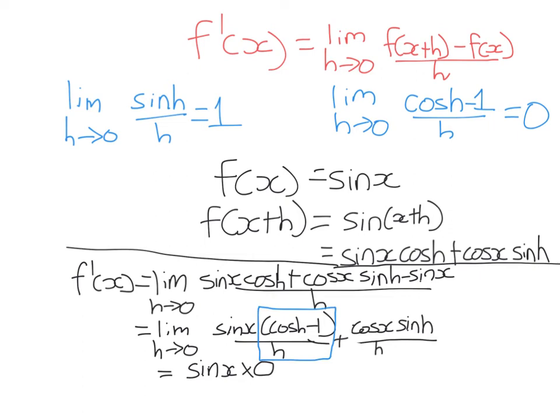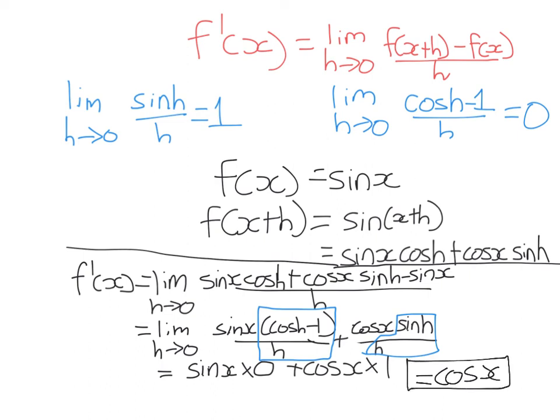And when we take the limit as h approaches 0 of this fraction, well, we figured out that the limit as h approaches 0 of this part is 1. So we're going to be left with cos of x times 1. Now, of course, anything times 0 is 0, so this is just 0, and this is just cos x. So we've actually figured out that the derivative of sine x is actually cos x.